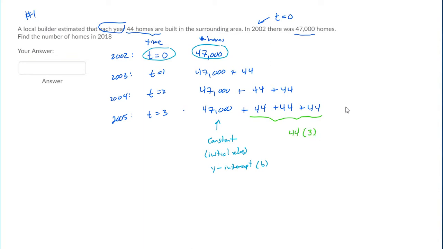I could write this number of homes as 47,000 plus 44 times 3. I could write this as 47,000 plus 44 times 2, this as 47,000 plus 44 times 1, and if I wanted to, I could even write this as 47,000 plus 44 times 0, because there's no 44s being added there.